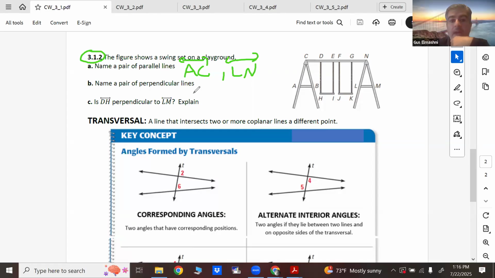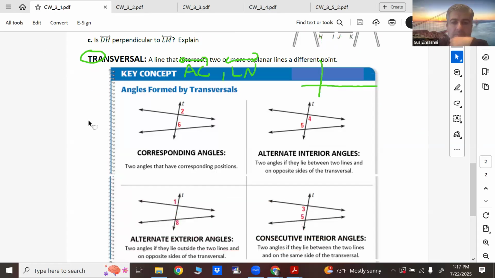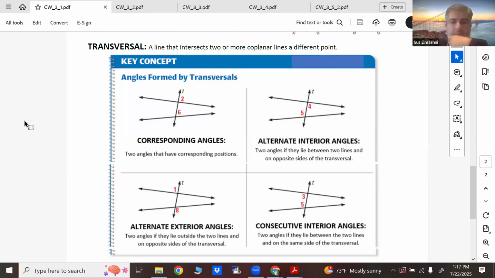How about DH? Is DH perpendicular to LM? Where was it again? DH and LM. If extended, yeah, good touch. 100%.